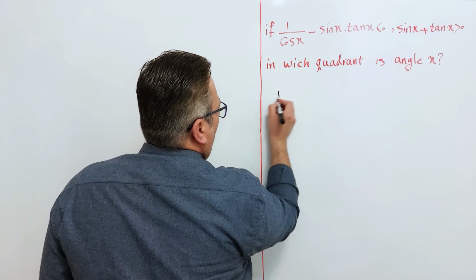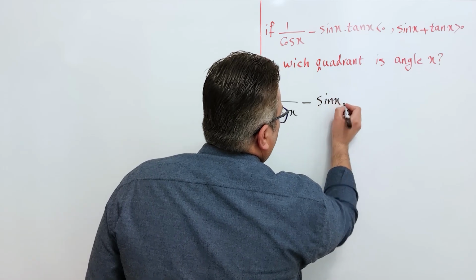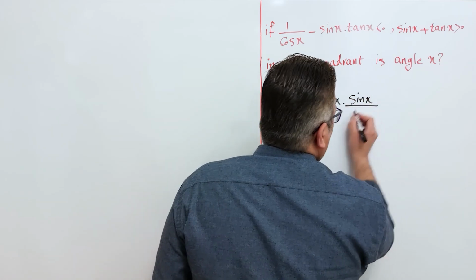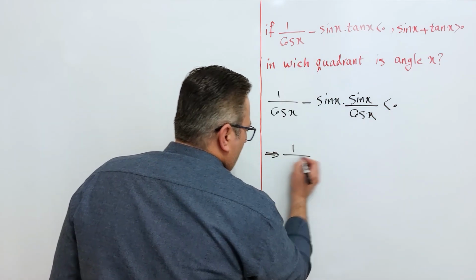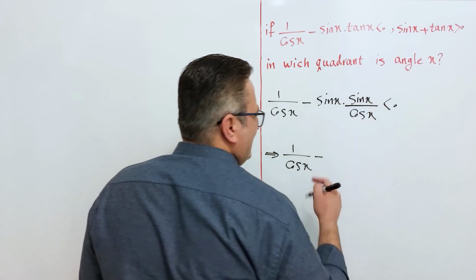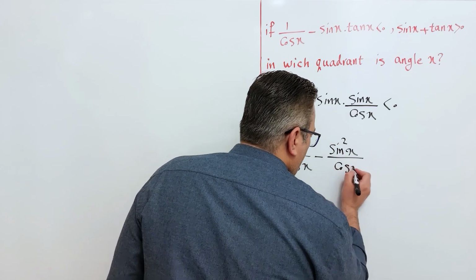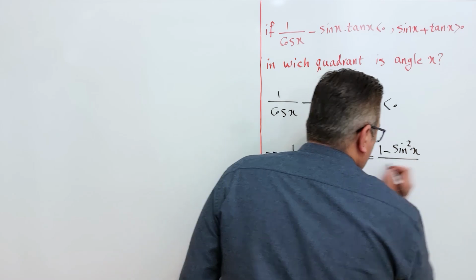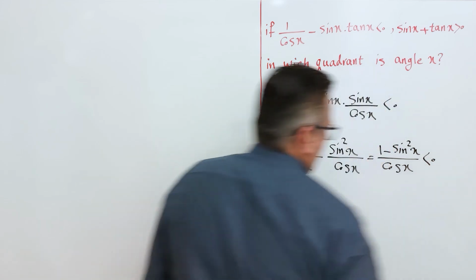So we have 1 over cosine x minus sine x times tangent x, which is sine x divided by cosine x, is negative. So we have 1 over cosine x minus sine x times sine x, which is sine squared x divided by cosine x, or 1 minus sine squared x divided by cosine x, is negative.